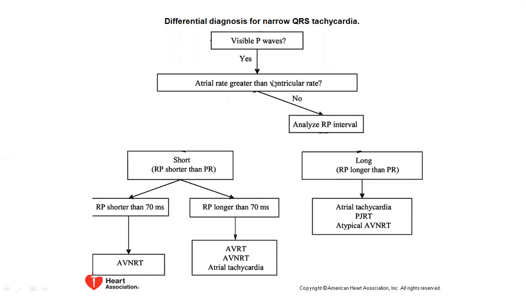So if it is a 1-to-1 tachycardia, atrial fibrillation, MAT, atrial tachycardia with variable AV conduction, or atrial tachycardia with 2-to-1 AV conduction is completely out. What you're left with is AVNRT, AVRT, sinus tachycardia, and focal atrial tachycardia, right? You're left with all 4 of these diagnoses. So short RP and long RP decides which is the most likely diagnosis in that particular patient.